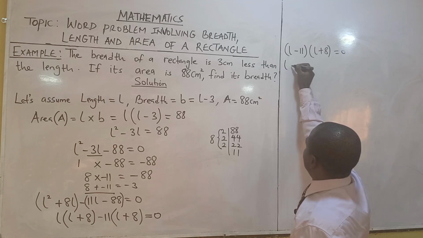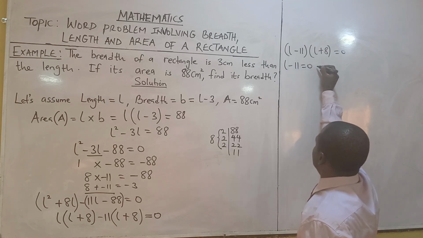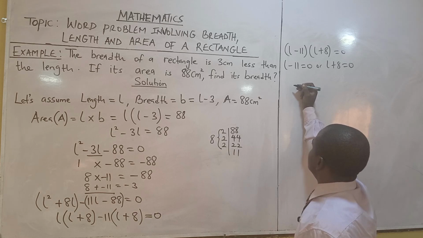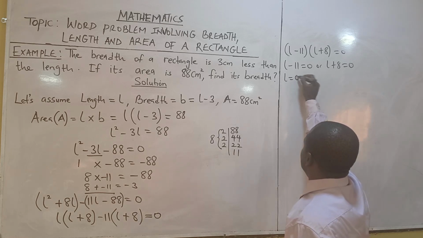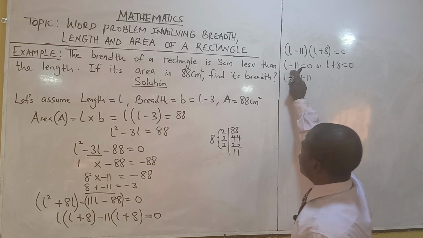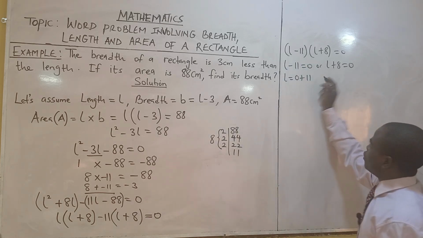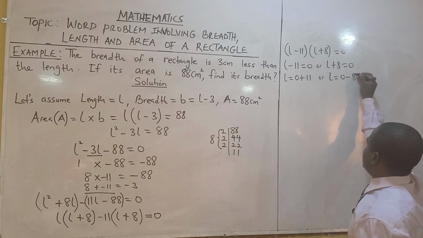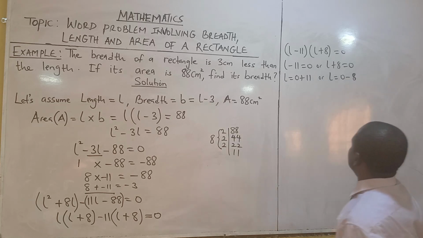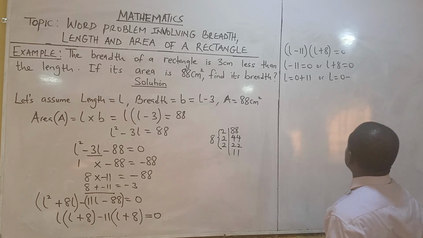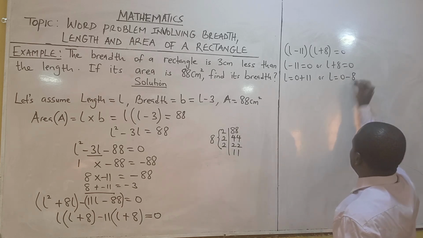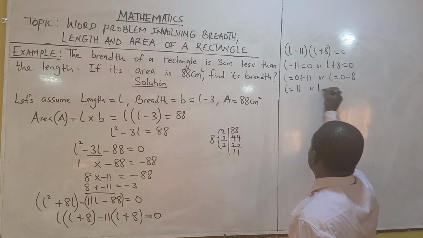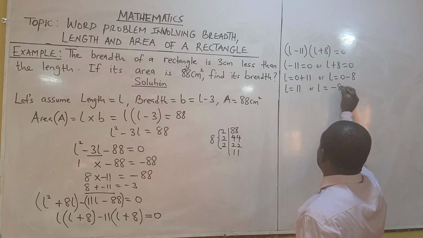Now you have L minus 11 equals 0, or L plus 8 equals 0. Now L equals 0 plus 11, when minus 11 crosses the equal sign it turns to positive, or L equals 0 minus 8. Now L equals 11, or L equals minus 8.